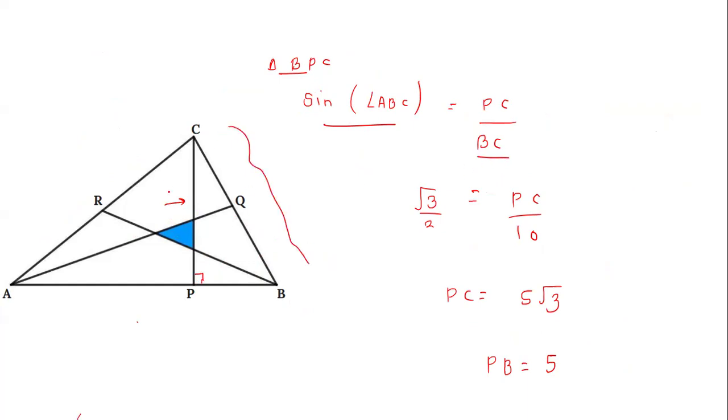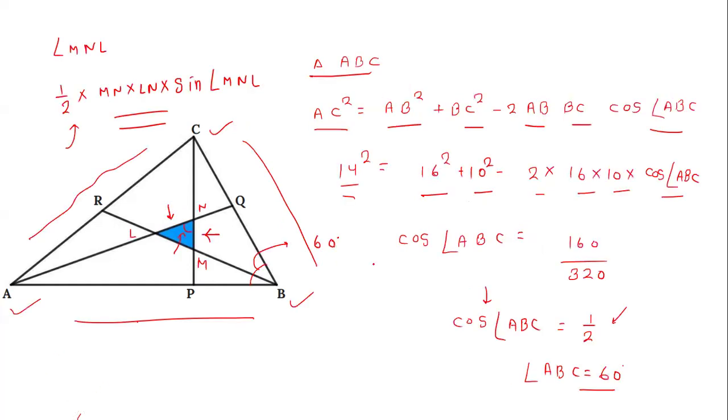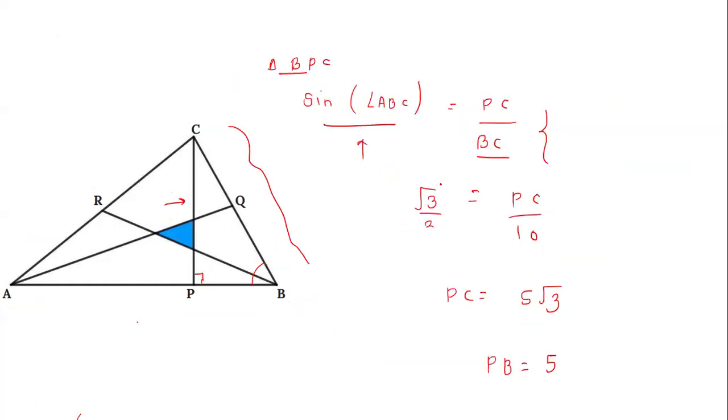This is the perpendicular divided by the hypotenuse, which is equal to the sine of this angle. We found previously that cos of the angle ABC is half, so from here we can find out the sine of this angle. Sine of the angle ABC we can find is root 3 by 2, and it is equal to PC, which is this perpendicular height, divided by the hypotenuse.